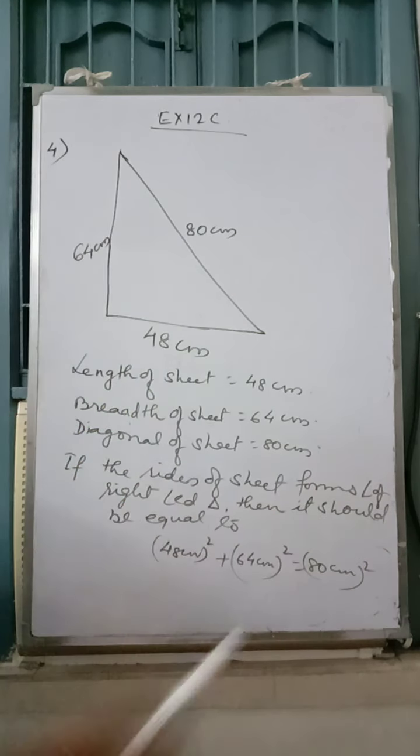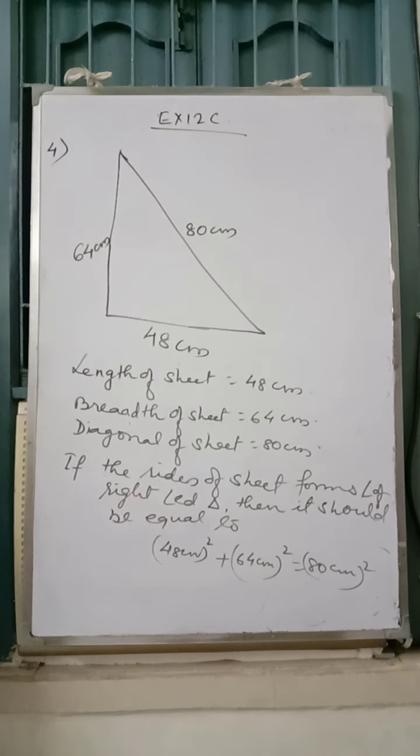Now we'll just check it because I have asked, determine whether the sides of sheet are at right angles to each other. If the breadth square plus length square will be equal to hypotenuse square, then only it forms right angle side.